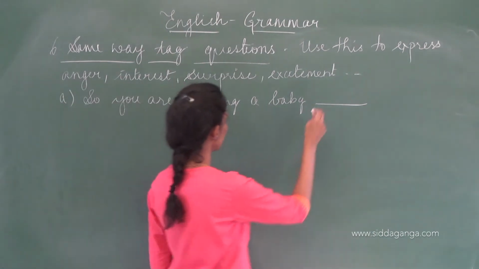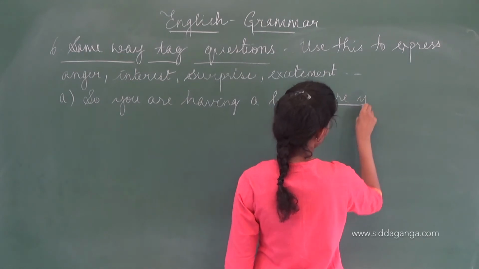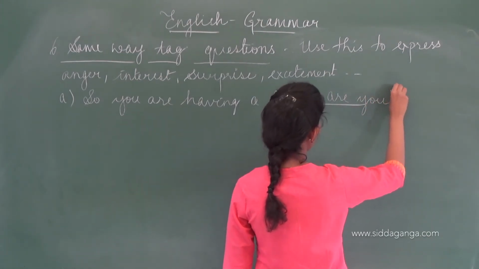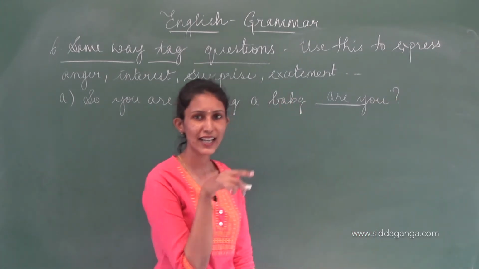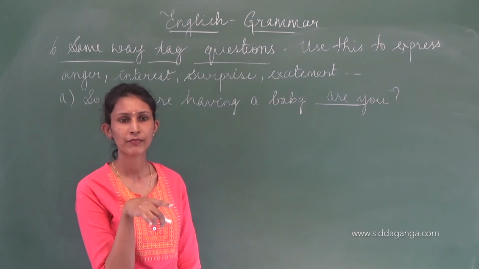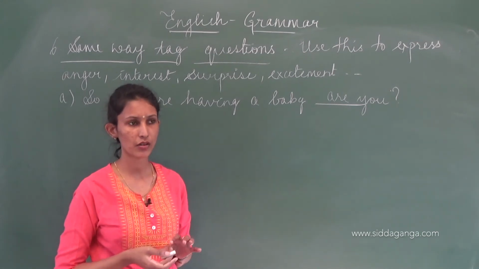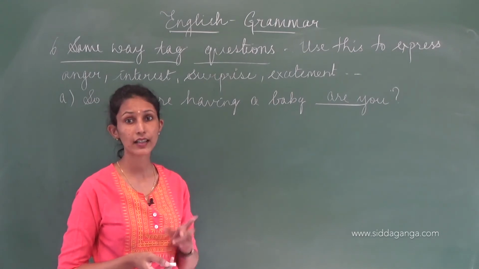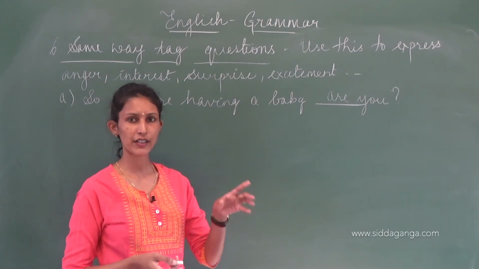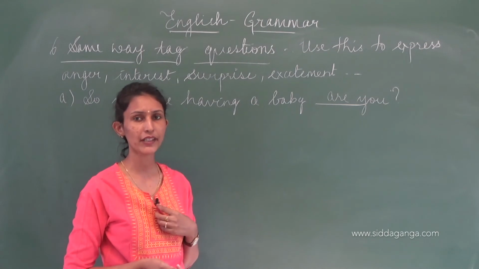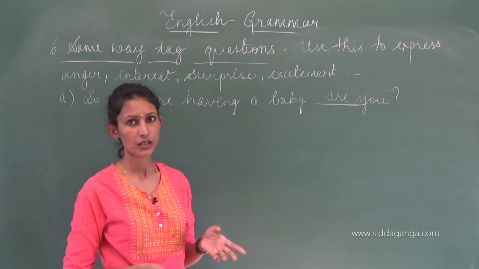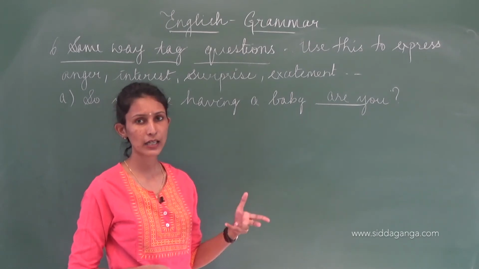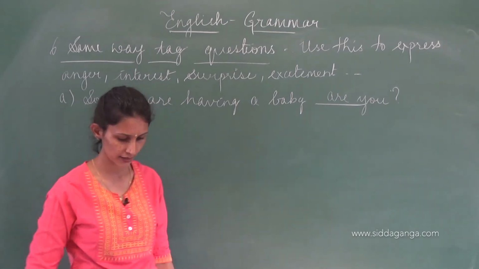Okay, are you? She is having a baby, or they are having a baby, aren't they? In that case, you are telling it about a third person. They are having a baby, aren't they? Here is a direct question. So you are having a baby. Are you? Asking a question in the form of excitement.